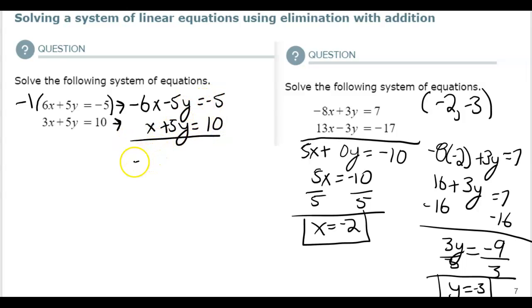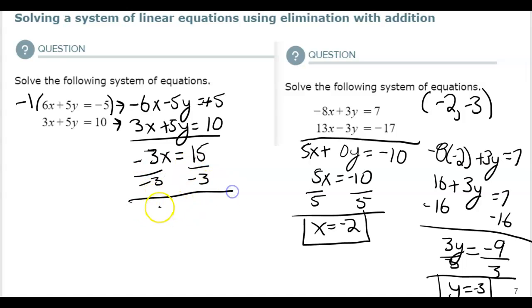So I can go ahead and do that. I get -3x equals 15. So I know that x equals 5. I can plug that in over here.